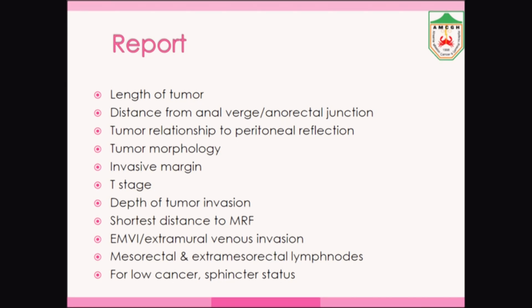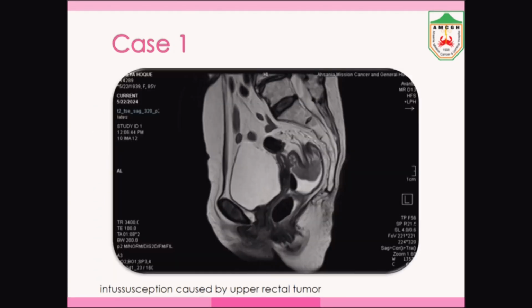Extramural venous invasion should be included in the report, and mesorectal and extramesorectal lymph nodes we should mention in the report. For the lower cancer, sphincter status should be included.